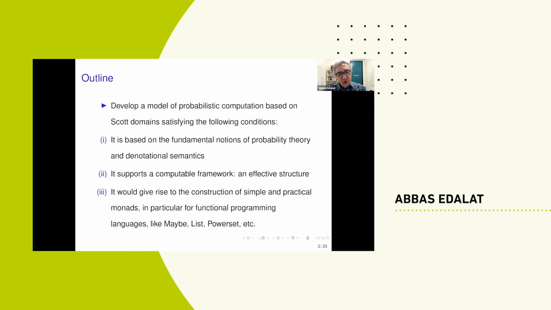So essentially, we are not introducing any new concepts to develop this Scott model or these Scott models. And the model supports a computable framework. So it is based on an effective structure of these Scott domains. And it would give rise to the construction of simple and practical monads for functional programming languages, monads like maybe, list, power set, etc.